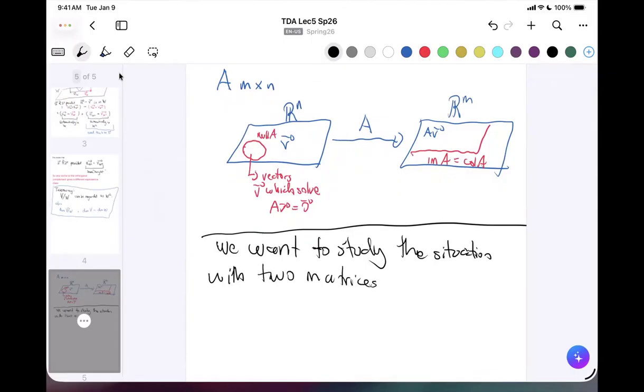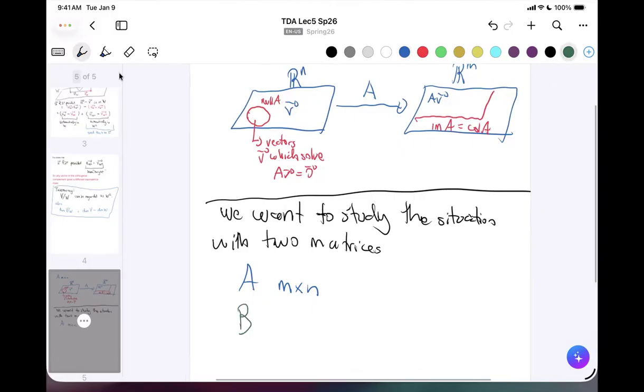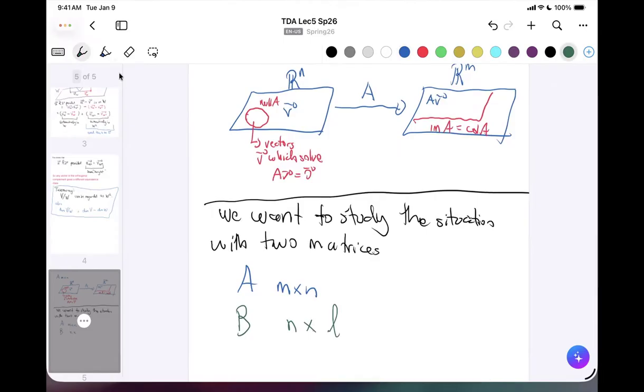I'm going to call the first matrix A again, which is m by n, and I'm going to call my second matrix B, and B, I'm just checking my notes to see what sizes I'm using, it's going to be n by l. Let's say l is a better letter for this.